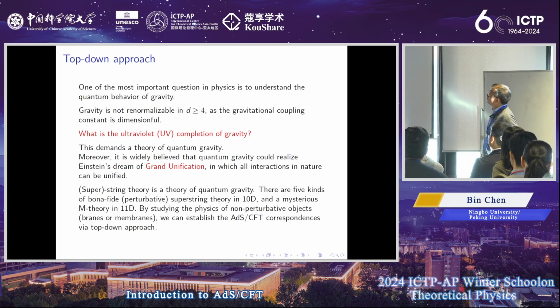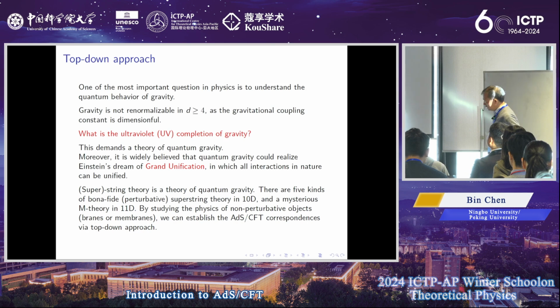And so string theory or superstring theory is a theory of quantum gravity. I think Professor Lu should have introduced this to you. There are five kinds of well-defined perturbative superstring theories in 10 dimensions.